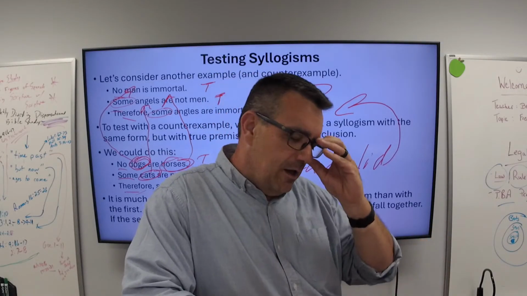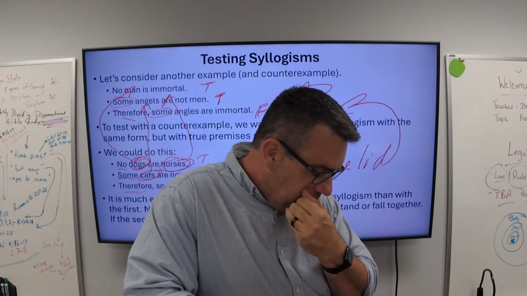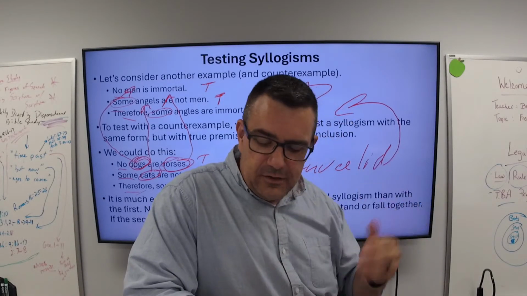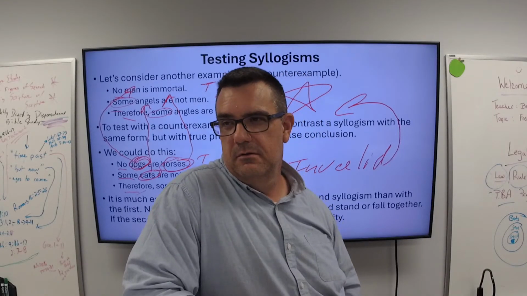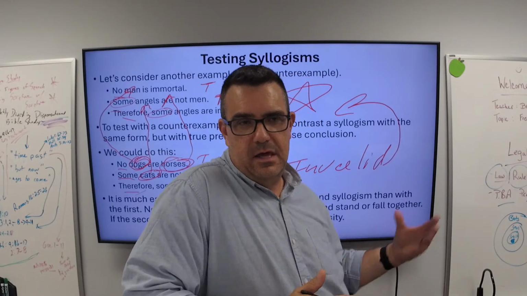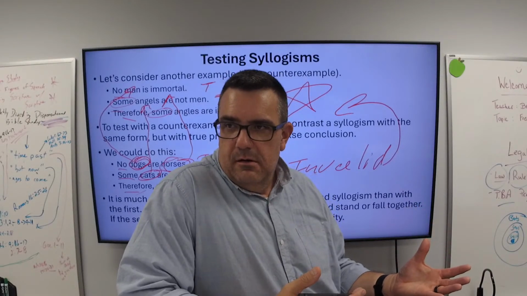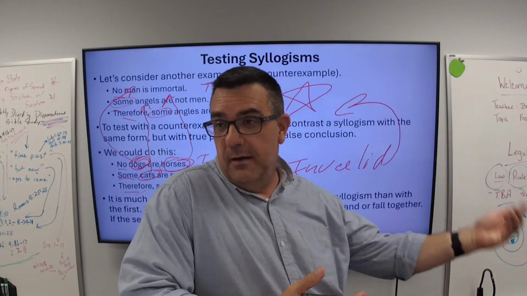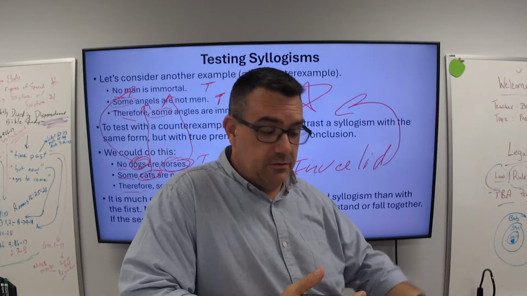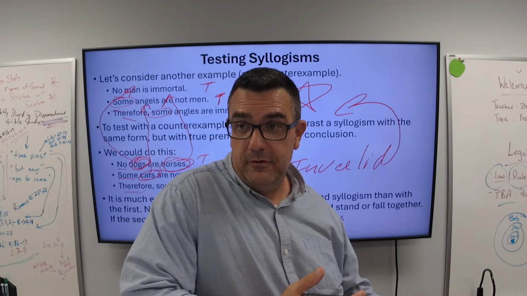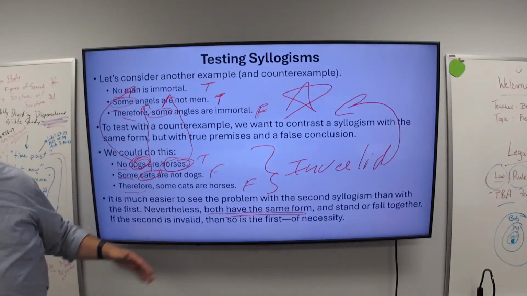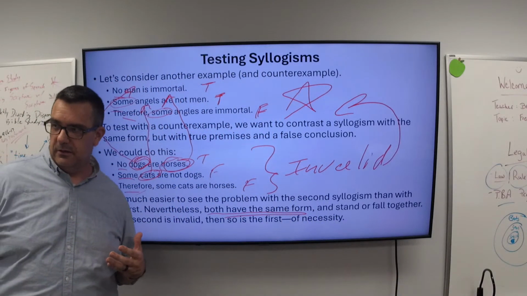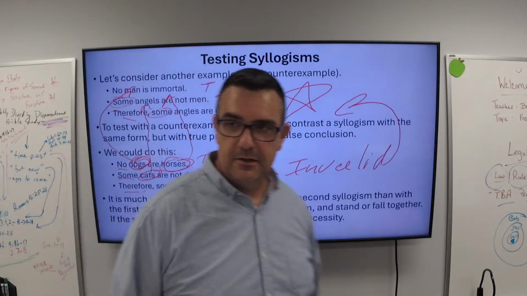Another example, I think I used this a couple weeks ago: if my kids ate all of the cookies in the box, that means what? They're all gone. If they ate some of them, that means there's still some left. Okay? So, yeah, the forms matter a lot in determining the validity of something. Does that make sense?